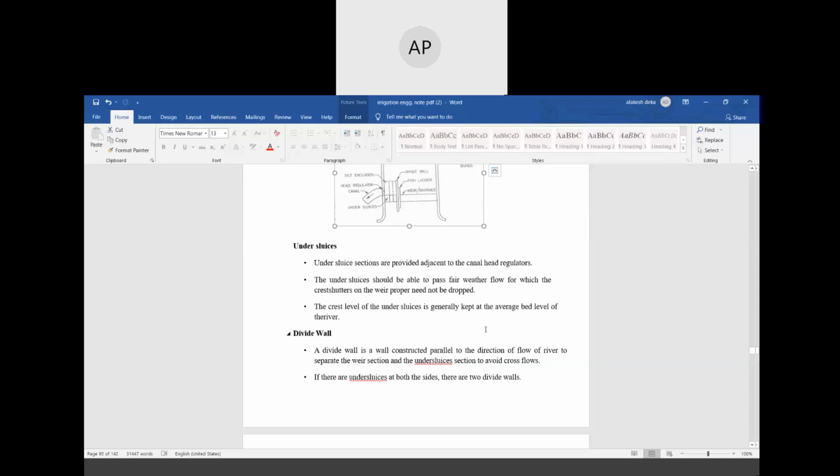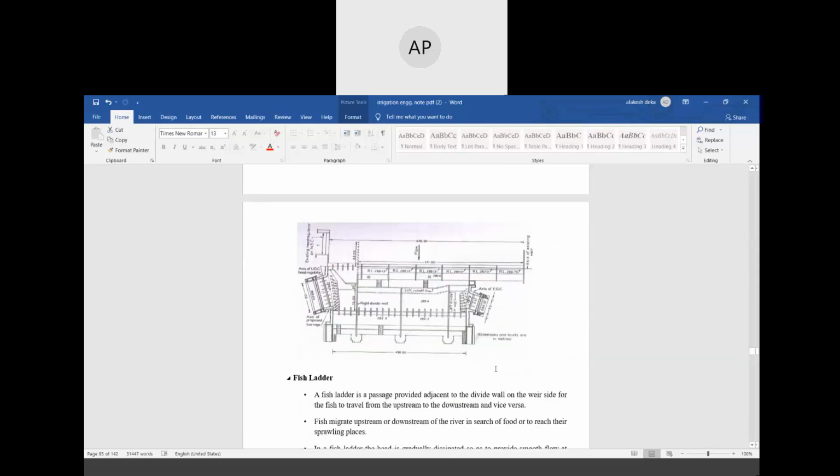If there are under sluices on both sides, there are two divide walls. So this is a cross section of a diversion work.